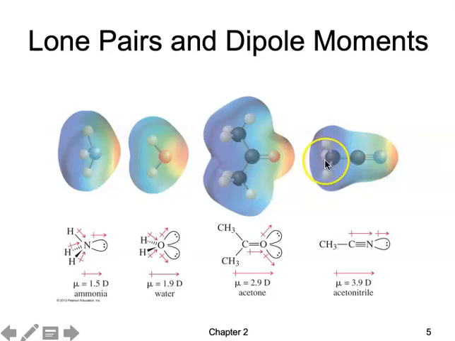The most positive end is that blue color there. And as I mentioned in a previous video lecture, everything in organic really has to do with a nucleophile, something that is negatively charged or partially negative, approaching some sort of electrophile, which is partially positive charged. And so this idea of identifying the things that have a dipole is pretty important.